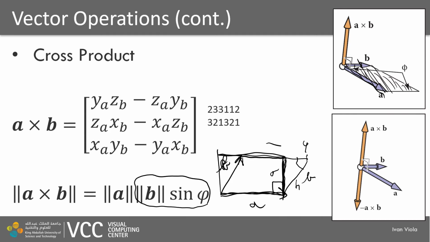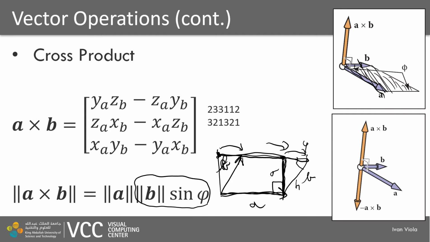If we just move this point and this point by the same amount, we create a parallelogram which has the same area. So this area is the magnitude of the cross product vector.